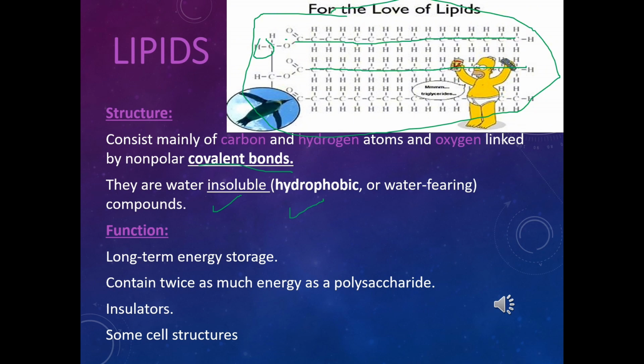The function of lipids, number one, it's long-term energy storage. So whenever your body has carbohydrates, it will not break down the lipids to get energy. The easier and fastest way is obtaining energy from carbohydrates.